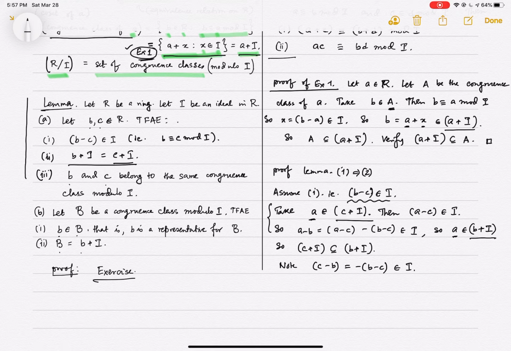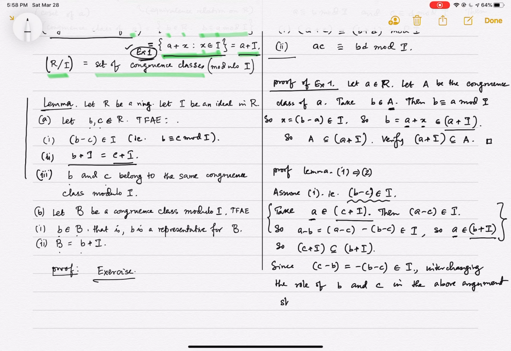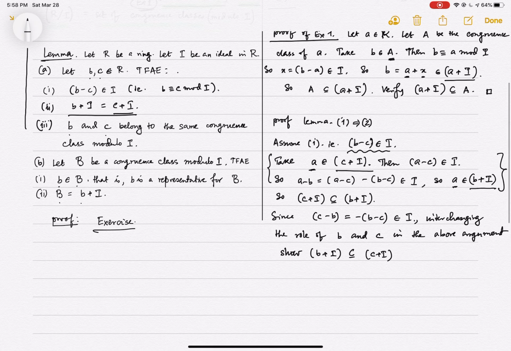So you can do the same argument with the roles of b and c interchanged: take something in b plus I and show that it's in c plus I. Interchanging the roles of b and c in the above argument shows b plus I is a subset of c plus I. So b plus I and c plus I are subsets of each other, so they are equal. So 1 implies 2.